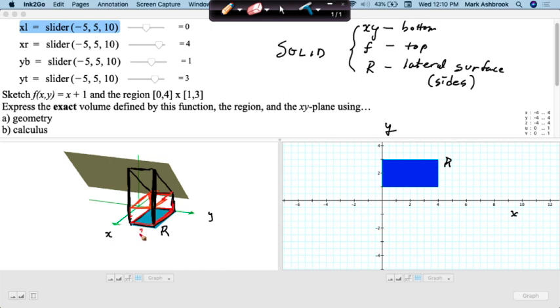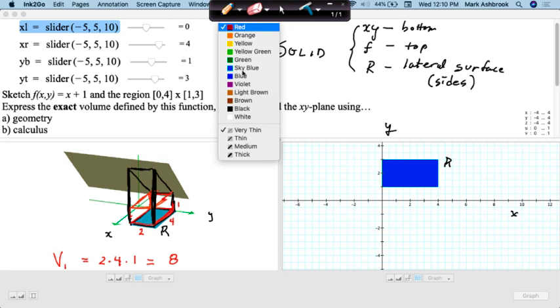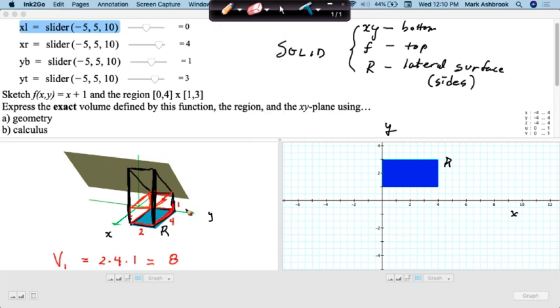Two, right? This is 4, and this is 1. So the bottom rectangle is? And so what is this? From here to here is 4?